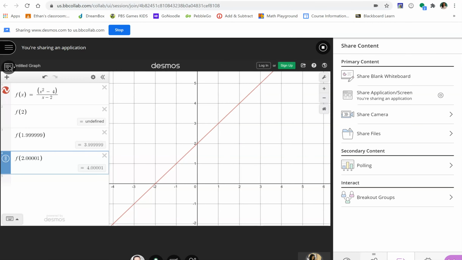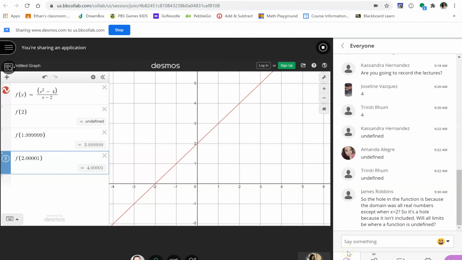So there's a question in the chat. Let me pull that up. The hole in the function is because the domain was all real numbers except for x equals 2, so it's a hole because it isn't included. That is correct. Will all limits be where the function is undefined? You can find a limit at any single point you want, but we only really use them for the interesting ones. The limits are like an investigative tool.